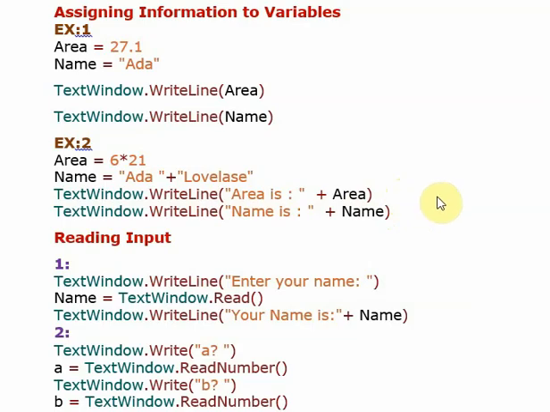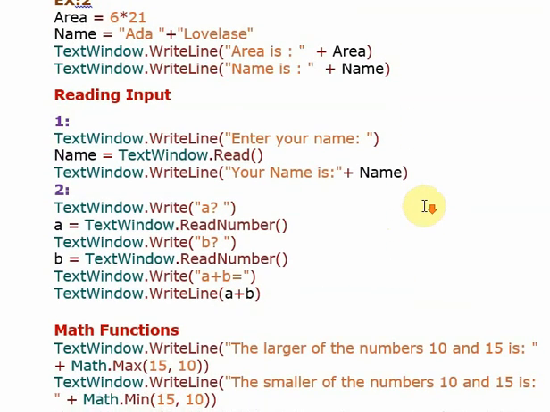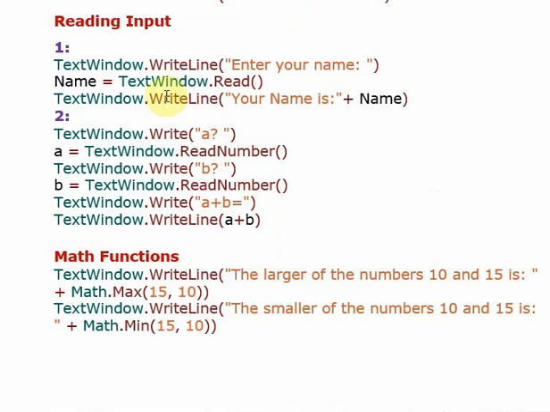Then we can input values, right? To this programming code you can input values. Whatever you input, you can assign to a variable and place the value in that variable. Now see here, TextWindow.WriteLine, enter your name. So this gets printed, right?